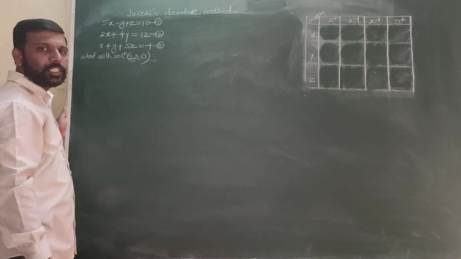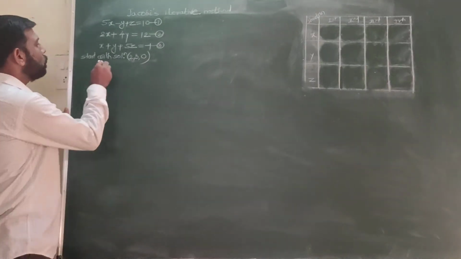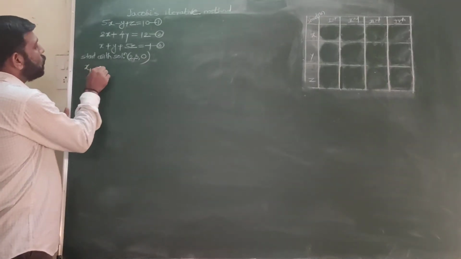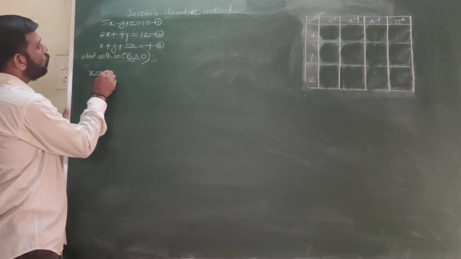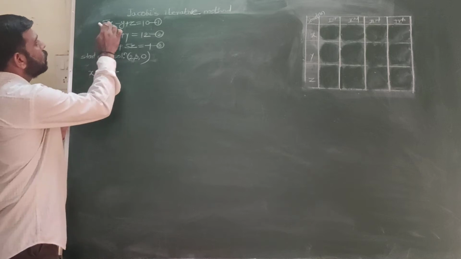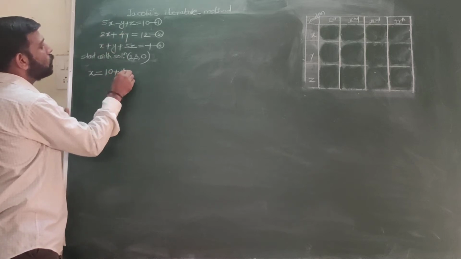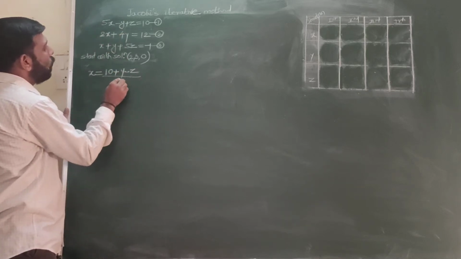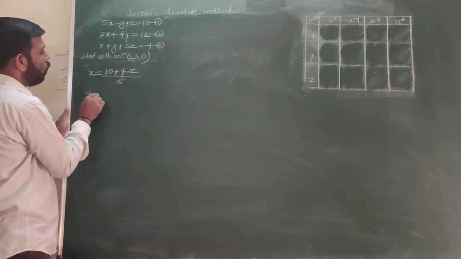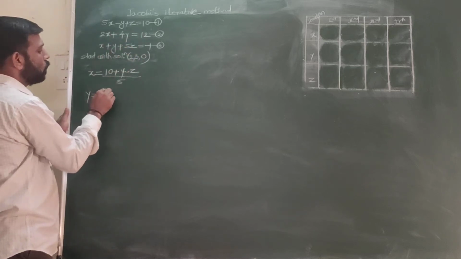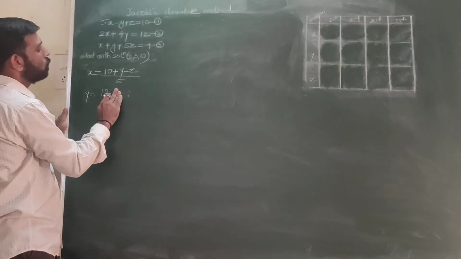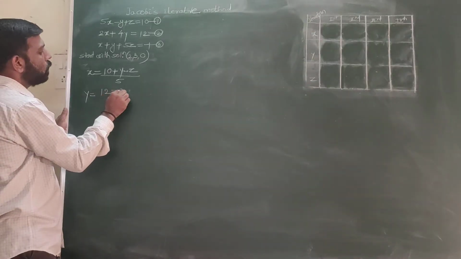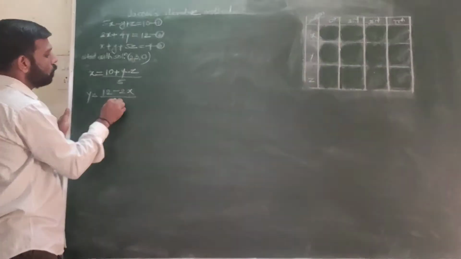Now this system of equations is already in proper form. Write down the first equation in the form x equals (10 minus, it becomes plus, minus z) upon 5. The value of y equals (12 minus 2x) upon 4.